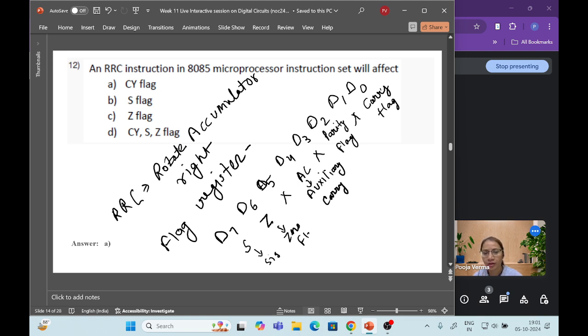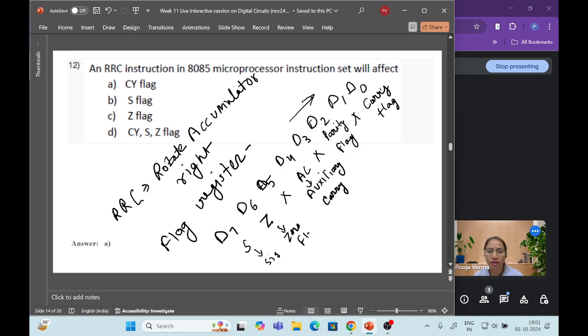Since D0 is the place of the carry flag, the value of the carry flag will be affected only after the RRC instruction, that means rotate accumulator right. We need to rotate in this direction into the carry.